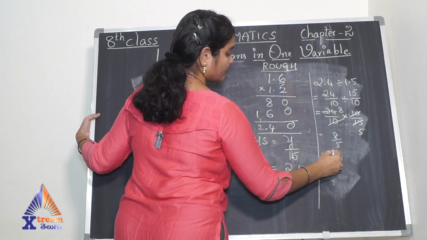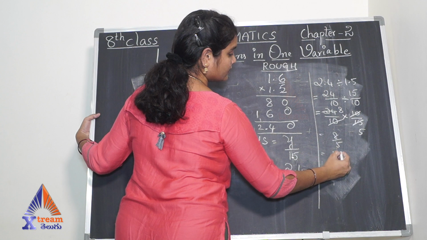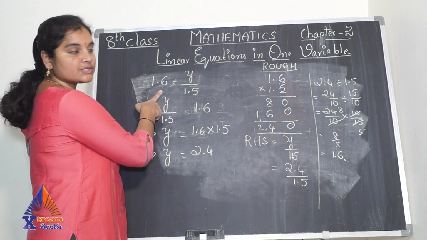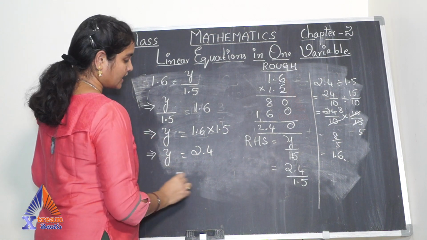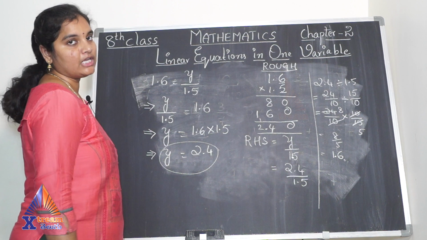We get 5 ones are 5, 3 is the remainder, and so on. We got our LHS 1.6. So we can say that y equals 2.4 is the solution of this equation.